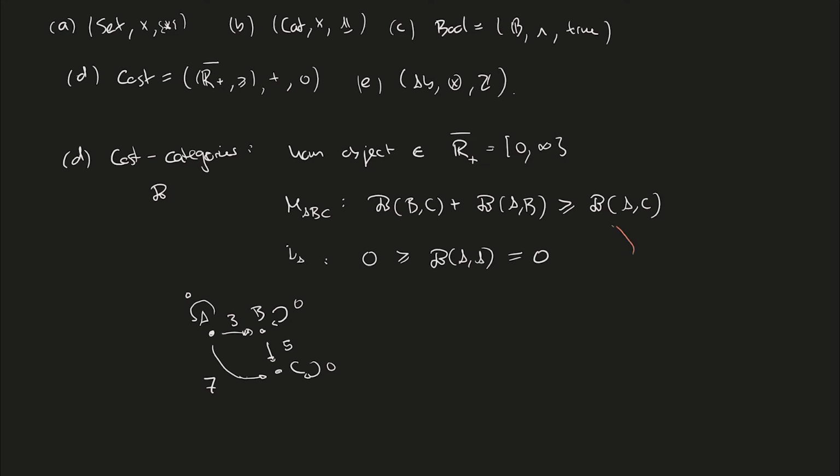In fact, this thing up here is basically the triangle inequality. And if we interpret the Hom objects as distances, then cost categories are something like a generalized notion of a metric space.